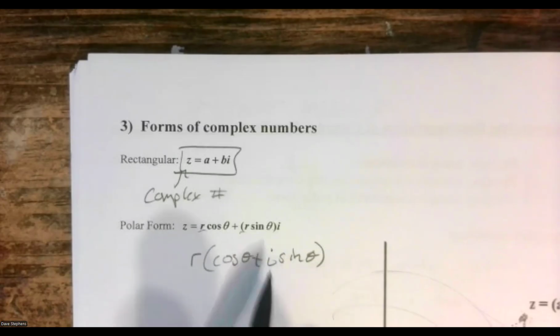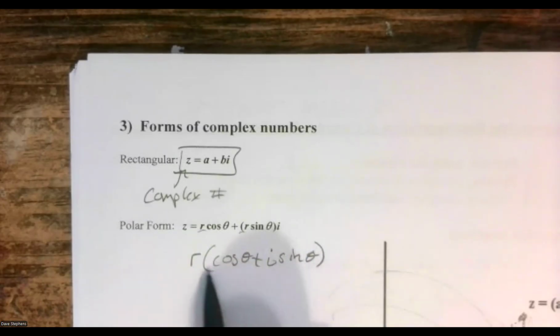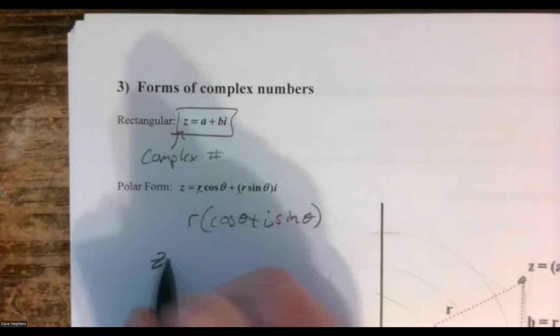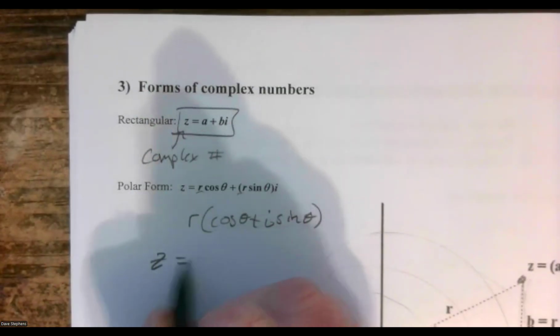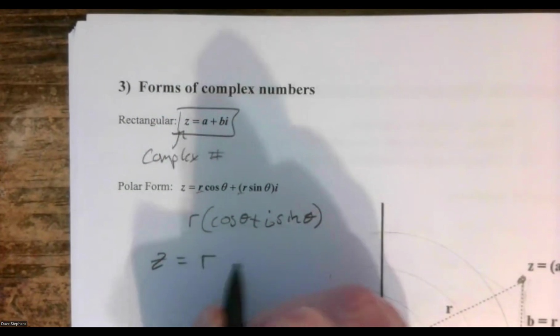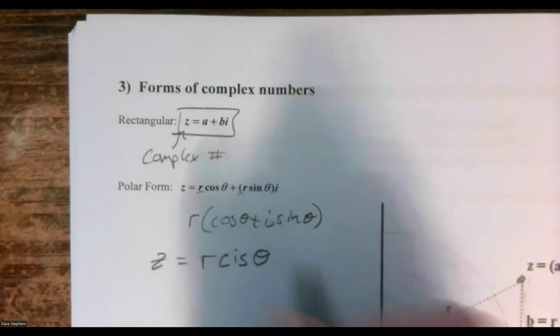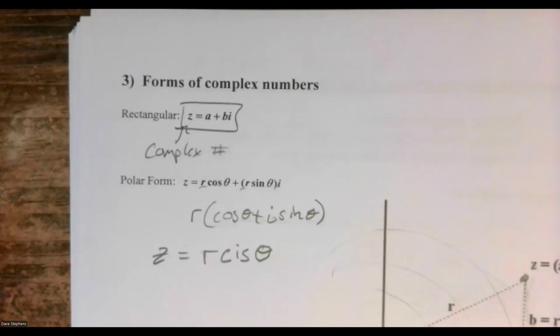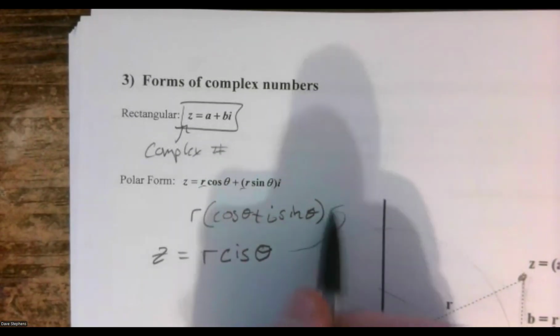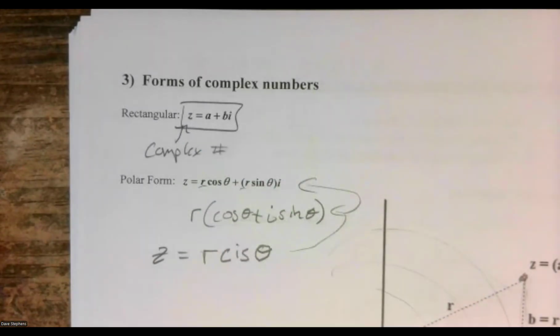But what's really nice is, since I have the same theta, I can shorthand this. So what you're going to see often is our complex number z is in the form of r cis theta. And now that is polar. And it all means the exact same thing.